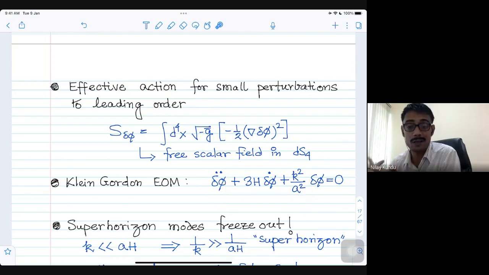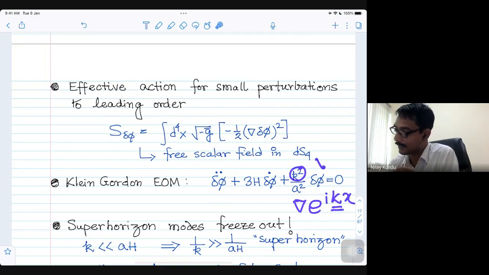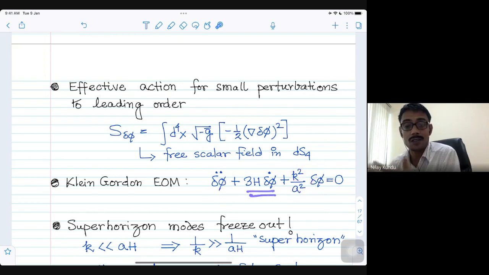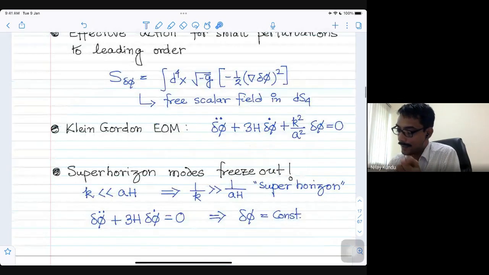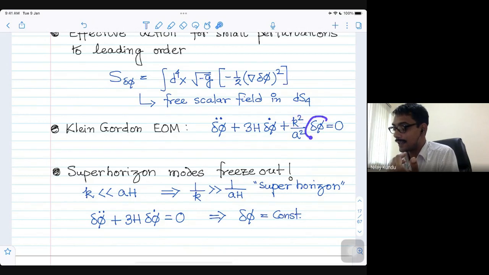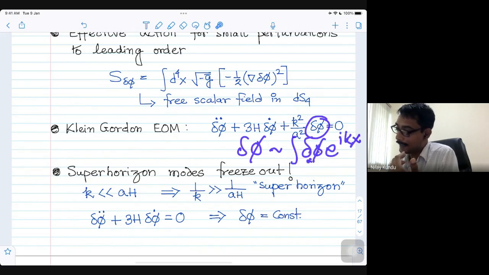Now I've written it in momentum space, so each of these variations will bring down a factor of k. So k square means I have a delta square. These two pieces are known to us, but because of the expansion of the universe, we get a friction term. Now, this delta phi can be written in Fourier space, something like that, and then this delta phi will be a function of k.